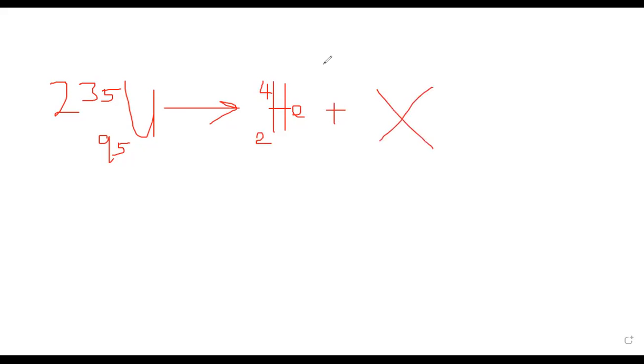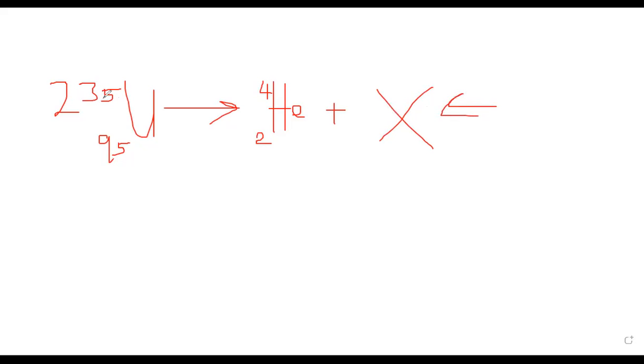Do you know how you solve this? This is like balancing of equation in chemistry. The sum on the right hand side, the mass number of the helium particle and the new element that forms, must be equal to 235.